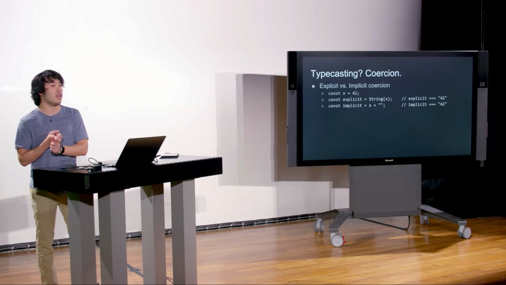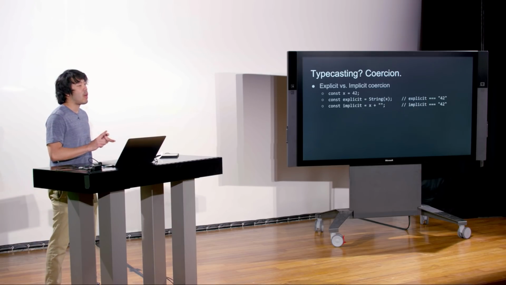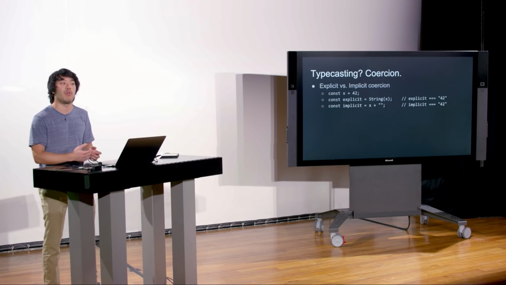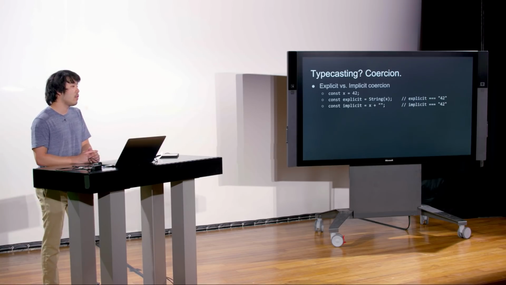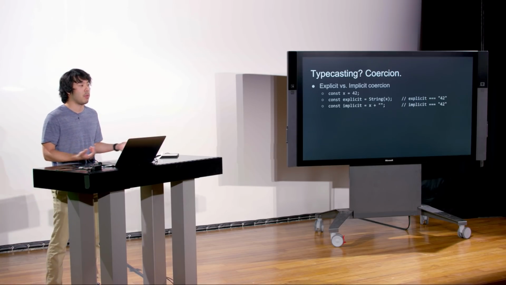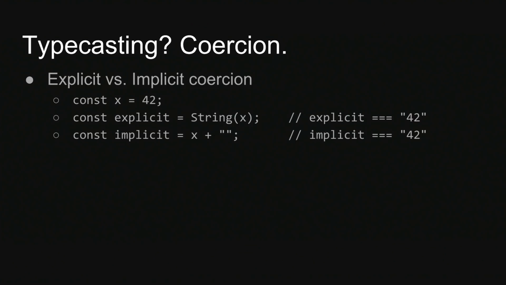Explicit is, hey, I'm just going to tell you exactly what I want by wrapping it with the type that I want and give it to me. That's being very explicit with what I want. So the example of that would be, say I want to get a string from that value x. I just wrap it with capital String, and it pops out 42 as a string. There's also a way of doing it implicitly, which is I'm going to rely on the behavior of JavaScript in order to get this to a string.